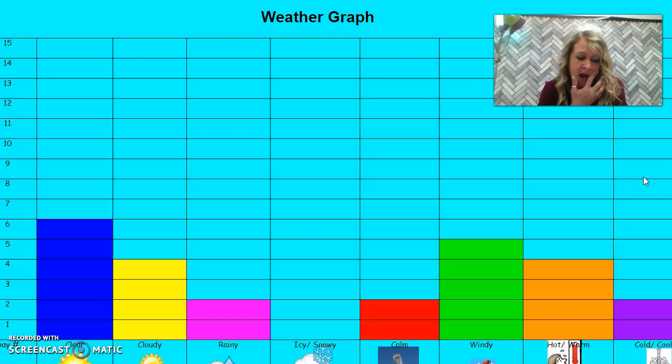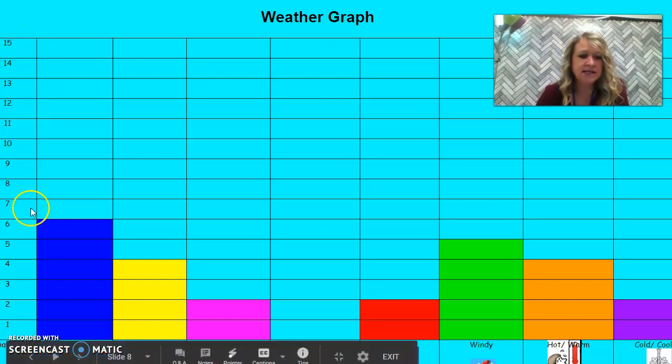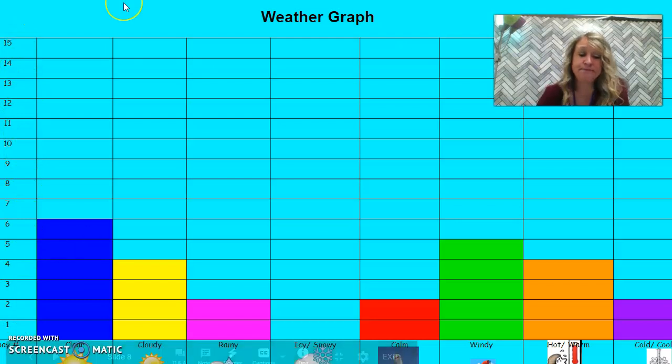Okay, now let's look at this side. This is a label. What is this label for? Over here it's at the very bottom, it starts with a D, D-A-Y. Day. So this is the days. On the 5th day, the 6th day, the 7th day, the 8th day, those are the days.